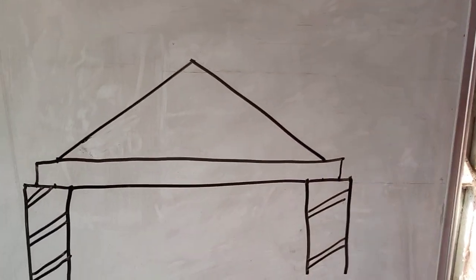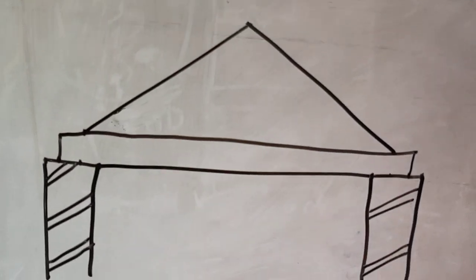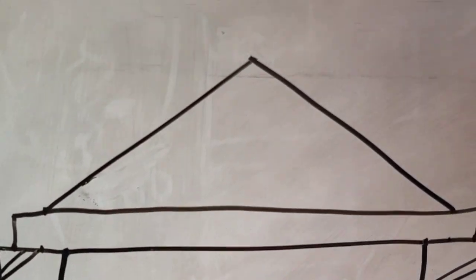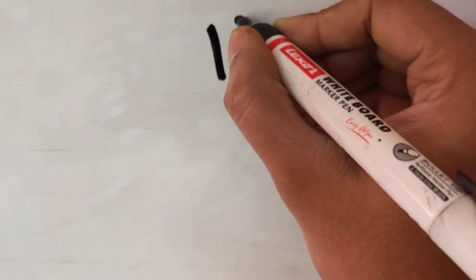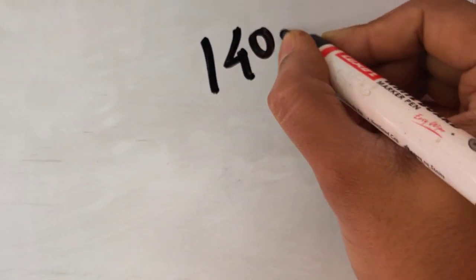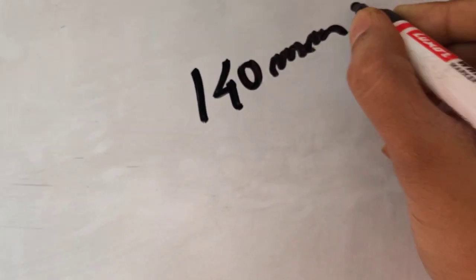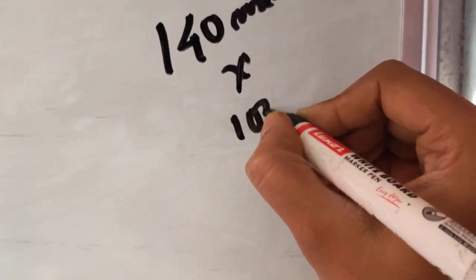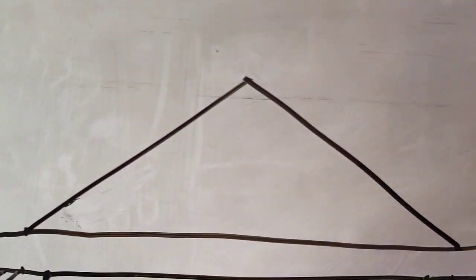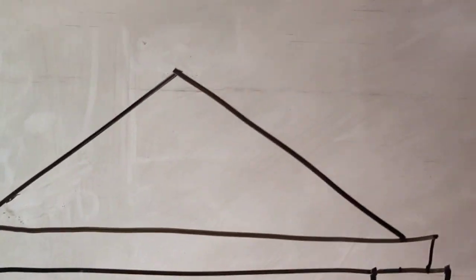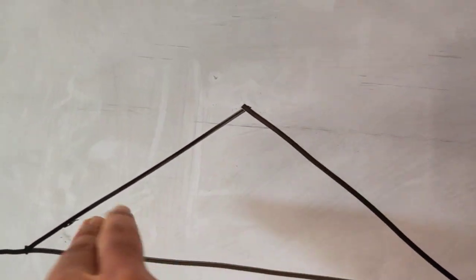Now it's time to provide the size of the principal rafter. Size of the principal rafter was given in the drawing. The drawing is with you. You can see in the drawing also. The size of the principal rafter is given by 140 millimeter by 100 millimeter. So this is 140 and inside it is 100. Okay. This is the breadth and inside it is the thickness.